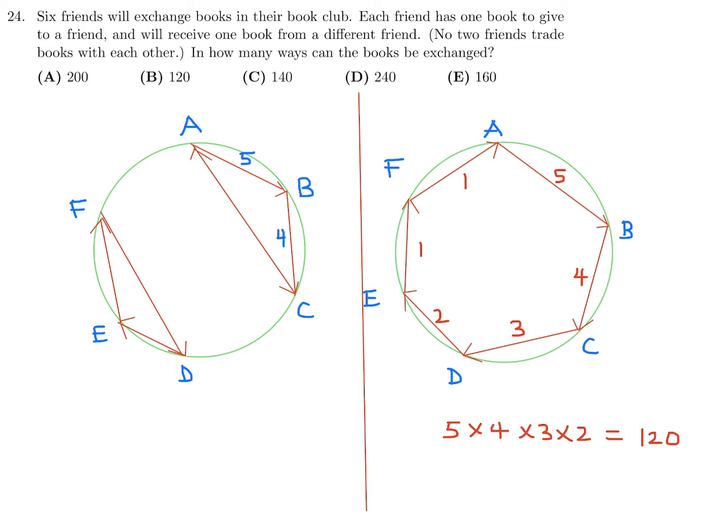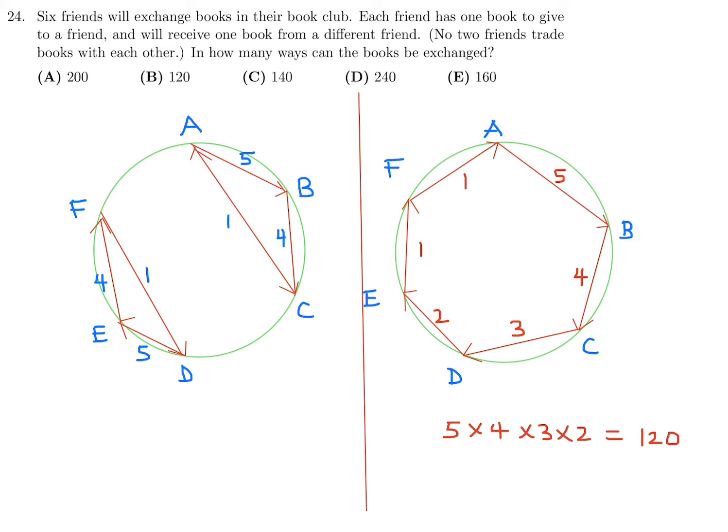Now, once you have that, interestingly, you've got 3 friends, and then C has no choice but to give a book to A. So that by default is just going to be 1 possible choice. And that's it. Once you've selected a group of 3 friends, they just go around like that. In an identical way, this is 5, this is 4, and this is 1. So that's probably slightly more difficult to come up with, but I sincerely hope that you understand that.